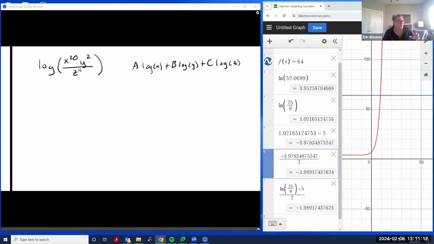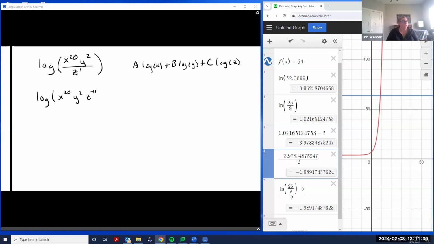And so what we need to do first is recognize that 1 over z to the 11th can be rewritten as z to the negative 11th. Okay.